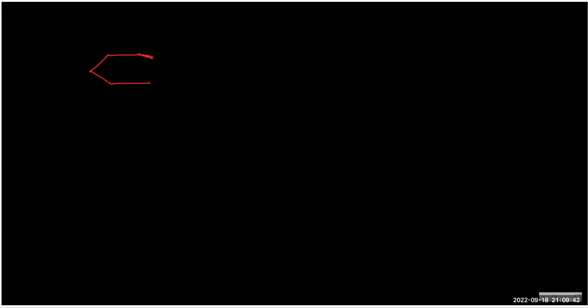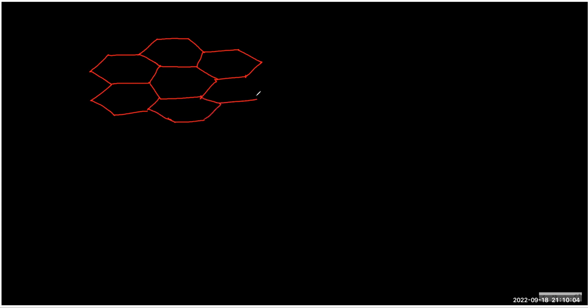If I repeat it in two-dimensional space infinite times, it looks like a honeycomb. So if this repeats infinite times in all directions, this is again an infinite grid circuit, right?